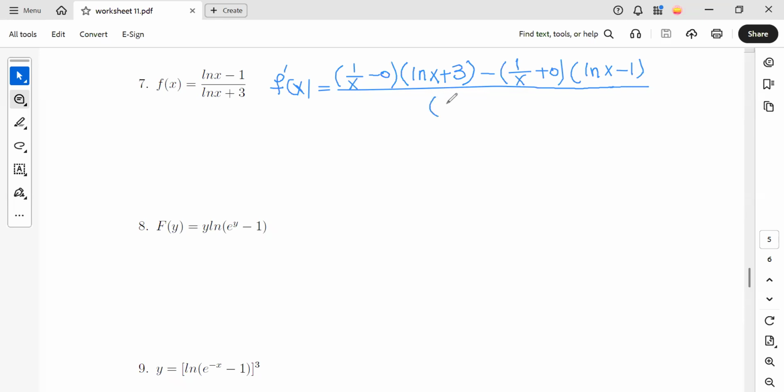All over the denominator ln x plus 3 to the power 2.